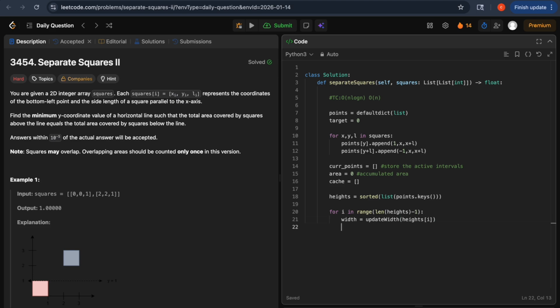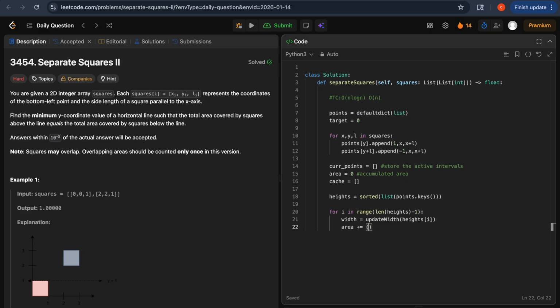So now area, this is the accumulated area, right? So because of that we have to calculate the height interval, which is height of i plus 1 minus height of i. You will get the difference height, which you will multiply with the width to find the area, right?